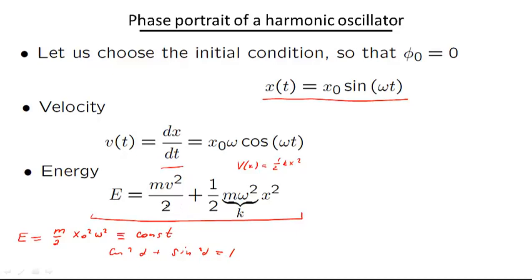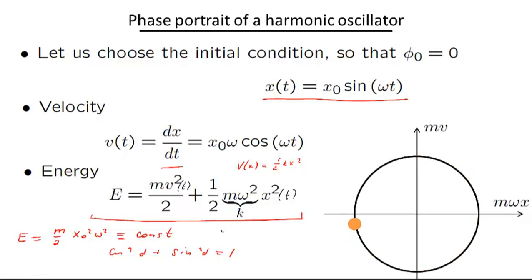But of course, even though the energy E here is not a function of time, the two terms in this equation, the kinetic energy and the potential energy, are functions of time. So x is a function of time and the velocity is a function of time. But they work in unison with one another in such a way that their sum is a constant.